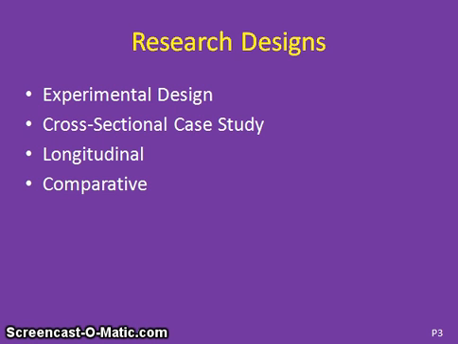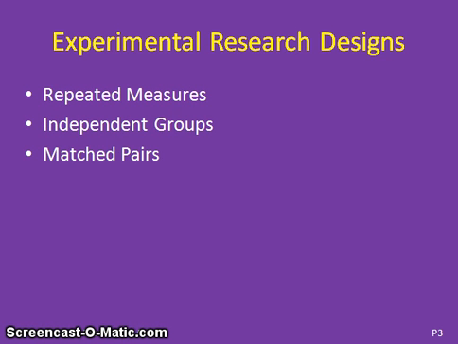Comparative, this is where two or more things are compared by the researcher and analysed to find out more about them. Experimental research designs. Repeated measures. This is where you repeat the same test with the same person, however under different conditions to compare the results. Independent groups.